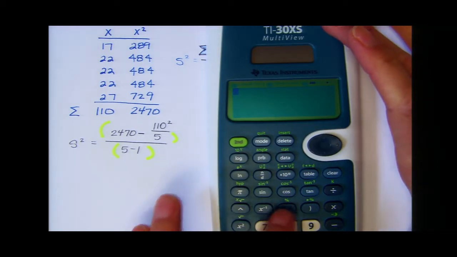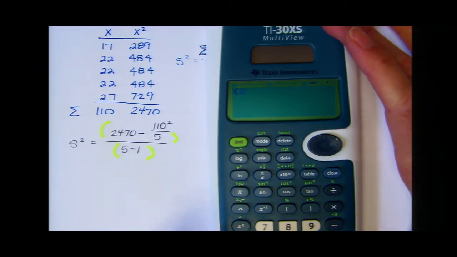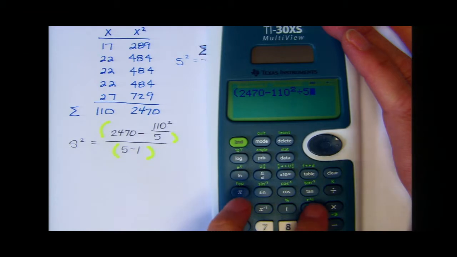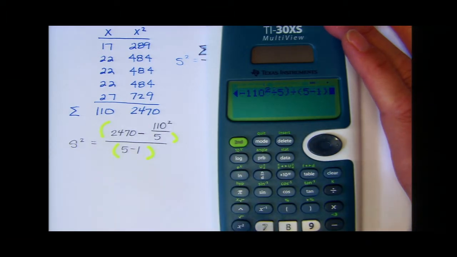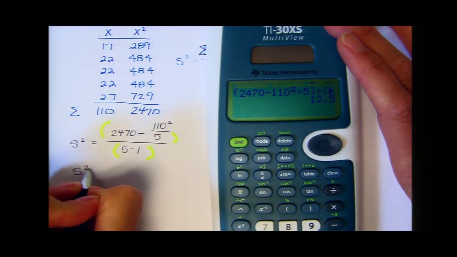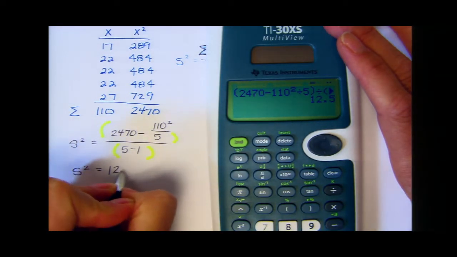You're going to do open parentheses, 2470 minus 110 squared divided by 5, close parentheses, divided by, open parentheses, 5 minus 1, close parentheses, enter or equals. So we get s squared equals 12.5.